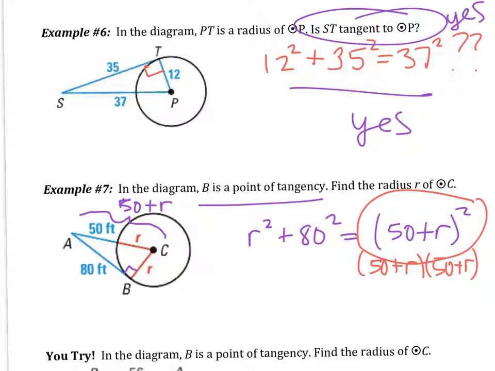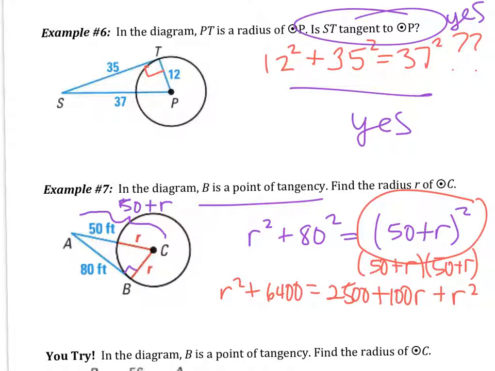See if you can do the R squared plus 80 squared, and then I'll catch up to you. See what you get. All right, did we get R squared plus 6,400 equal to 2,500 plus 100R plus R squared? 50R and 50R make 100R when you do the FOILing.